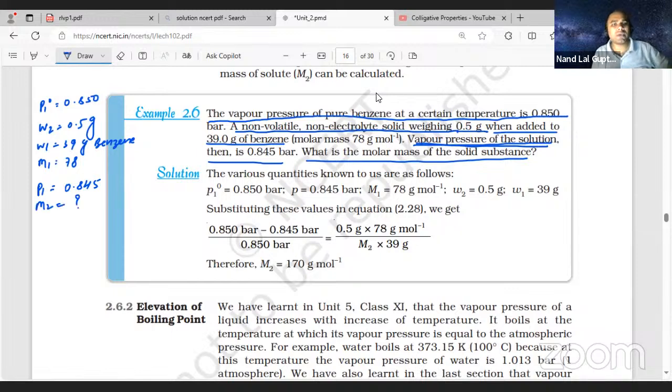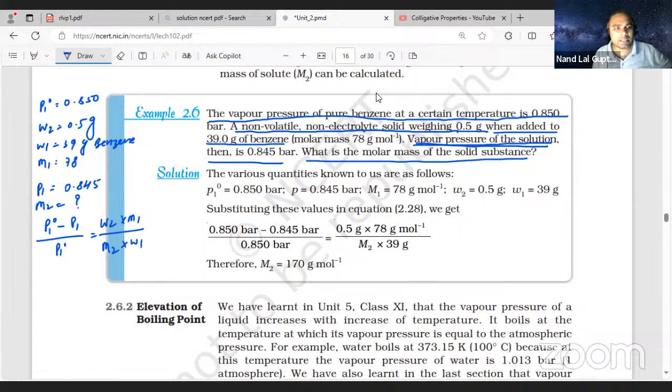So what formula are we going to use? P1 naught minus P1 divided by P1 naught is equal to W2 multiplied by M1 divided by M2 W1.